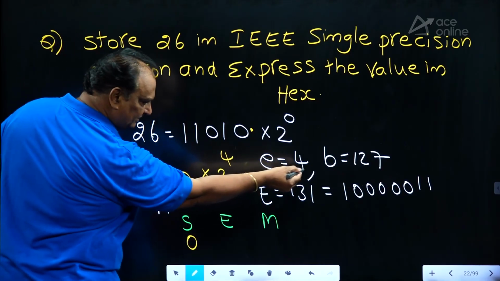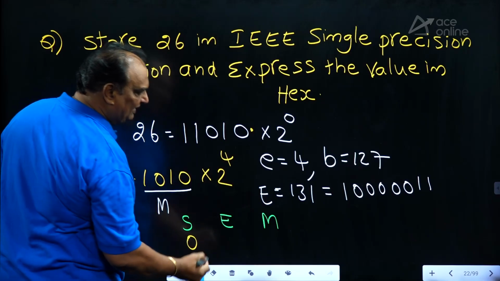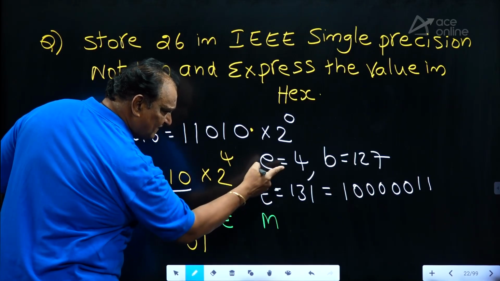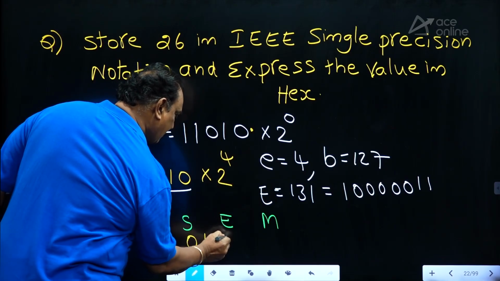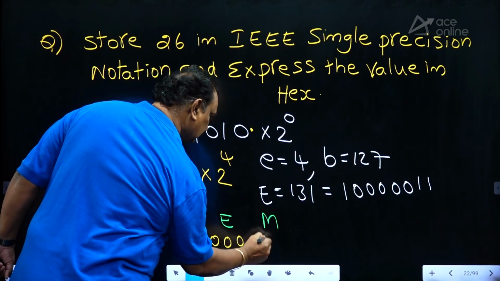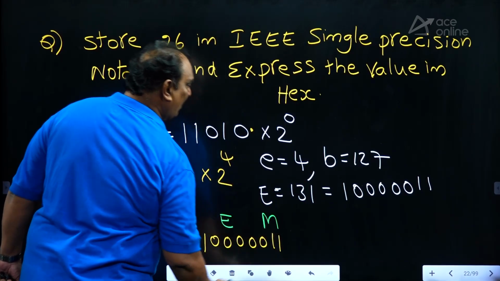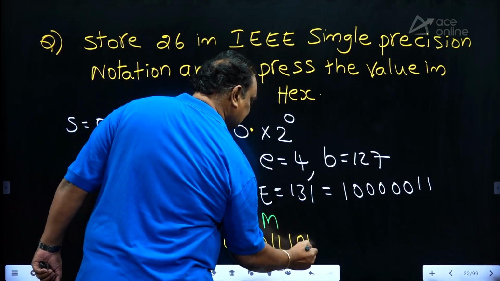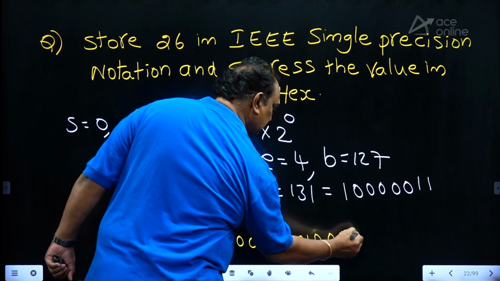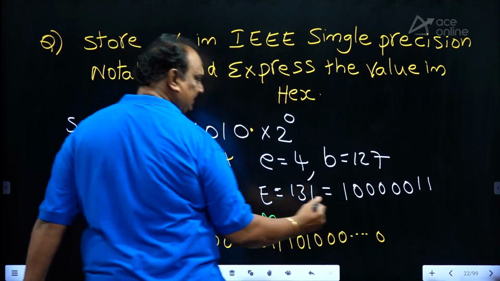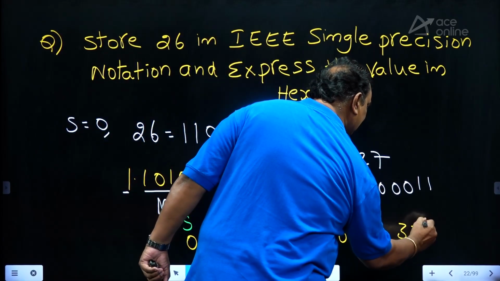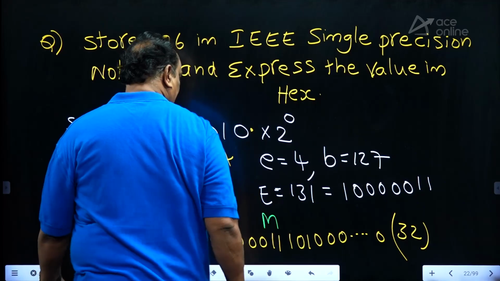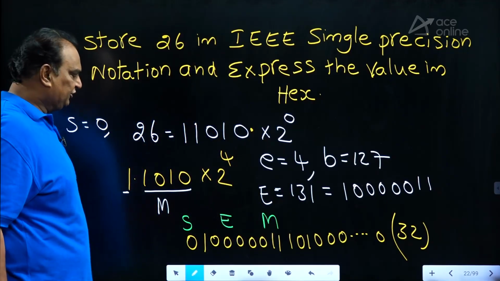The binary value for 131, which means 1, 5 zeros, 1, 1. What is M value here? It is nothing but 1, 0, 1, 0, with remaining all zeros up to 23 bits. Total size is 32 bits. Why? In IEEE single precision, total register size is 32 bits.